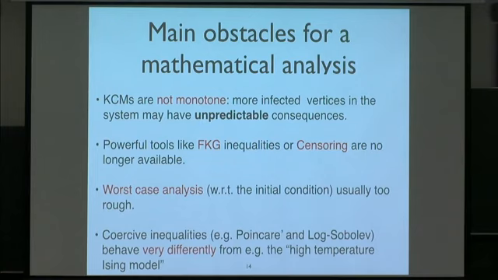And also, inequalities that govern the relaxation to equilibrium of this model, like the Poincaré inequality, the entropy inequality or the log-Sobolev inequality, behave differently from the corresponding inequalities in the context of more standard spin systems in stat mech.